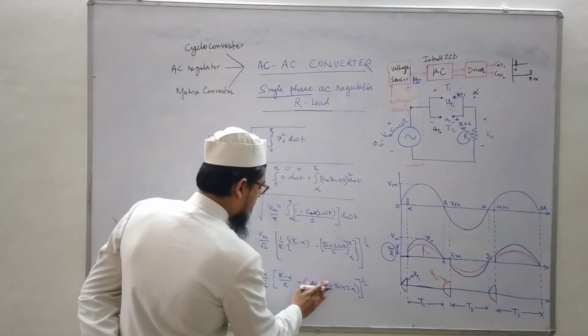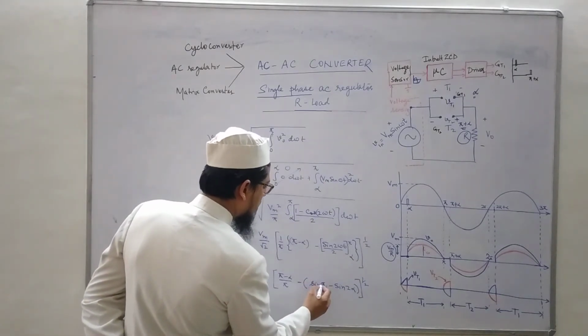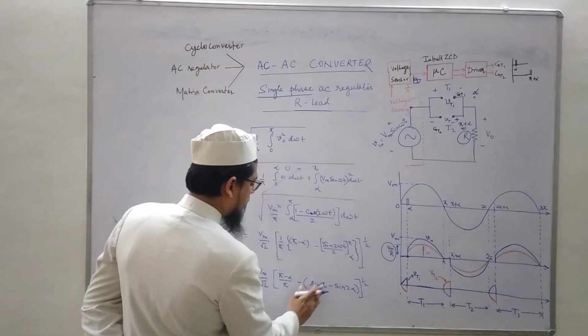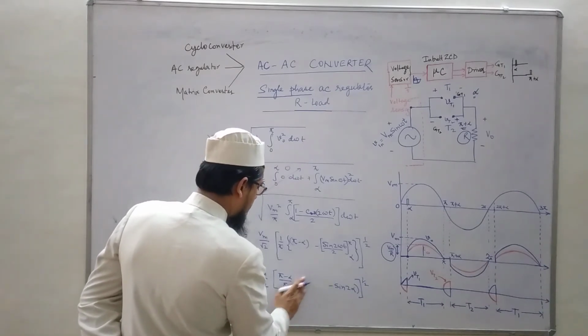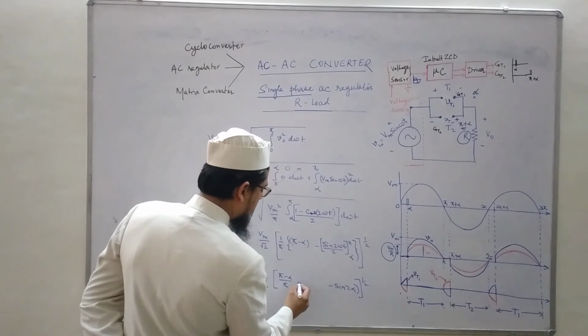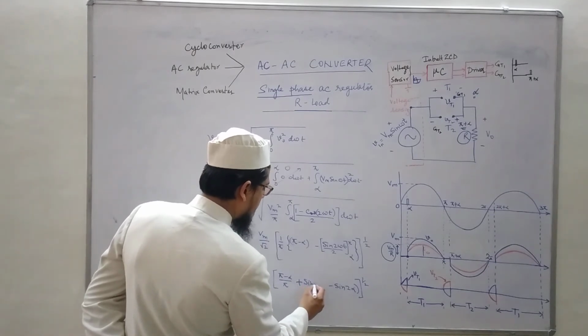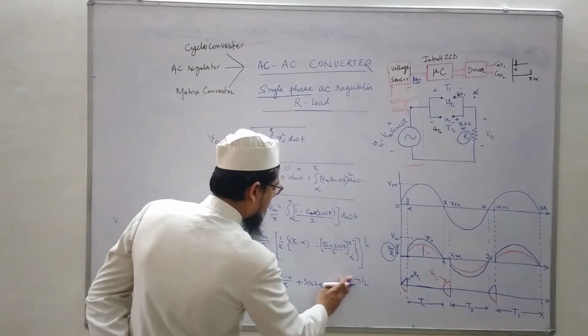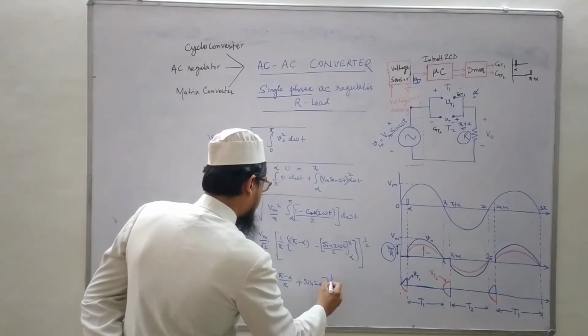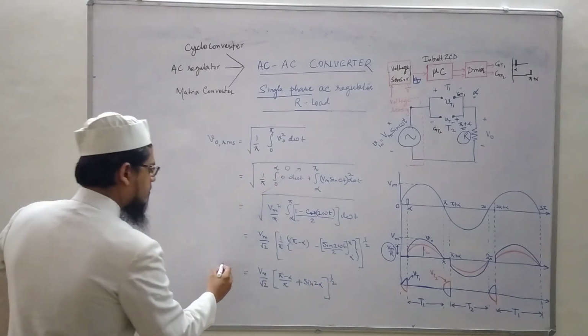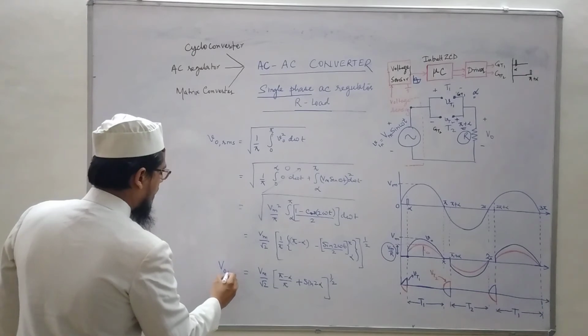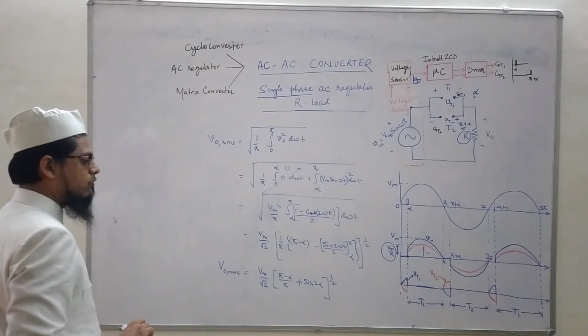Sine 2 pi is 0, so I remove this, and minus minus becomes plus, so it is plus sine 2 alpha, power half. So this is the RMS value of the output voltage.